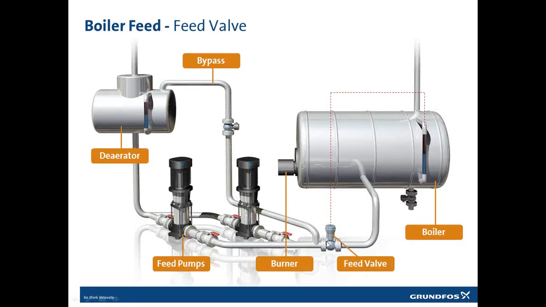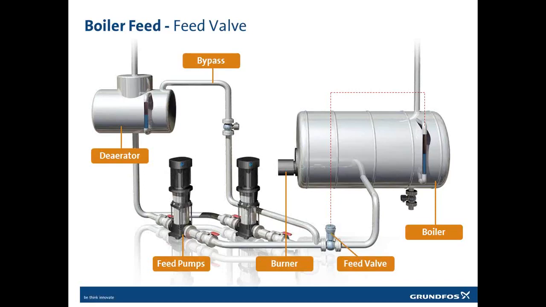And now this valve is controlling the level in the boiler. We have a level sensor on our boiler giving maybe a 4 to 20 milliamp signal to the motorized or pneumatic operated feed valve that will open and close corresponding to the level we have in the boiler.